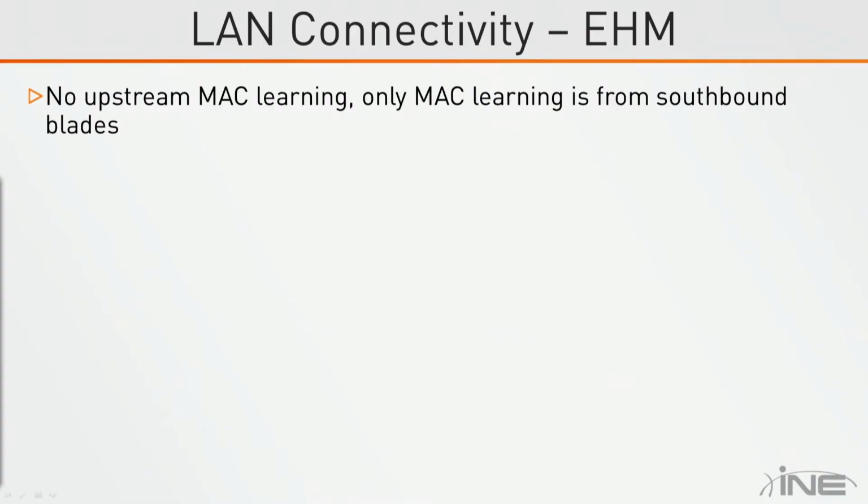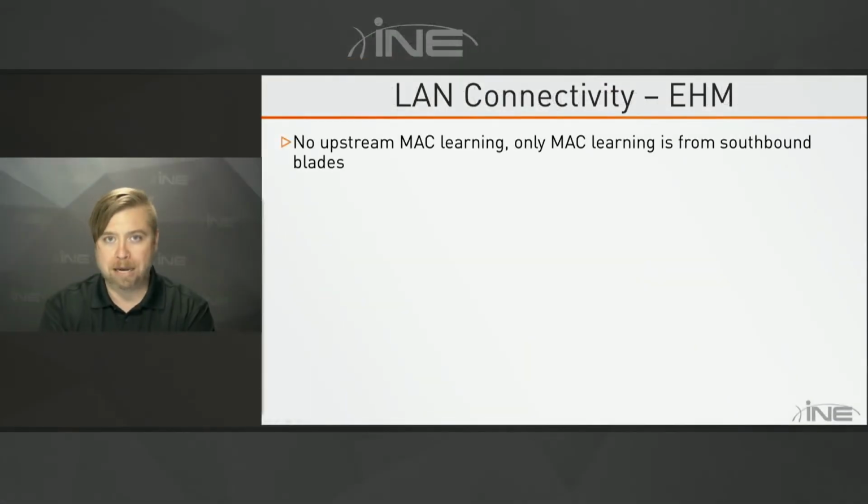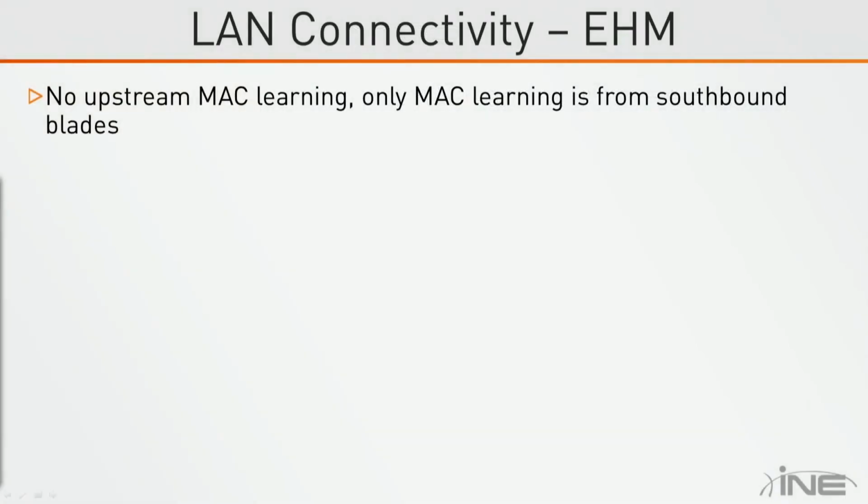So we'll see from a verification point of view when we look at the show mac address-table on the FI, we will know about the MAC addresses associated with the virtual Ethernets down to the blades, but we're not going to know about the MAC addresses of whatever the northbound destinations are, like the default gateway of the servers, or potentially other machines, anybody else that's on the same VLAN essentially that's connected to the northbound switches. We'll see that the forwarding decision is going to be a little bit different.